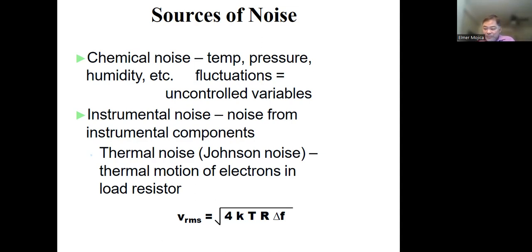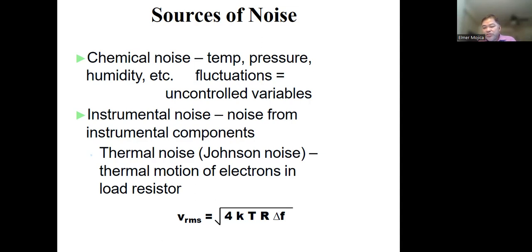So the first one that we have there is the thermal noise, or yung tinatawag na Johnson noise. This source of noise results in random voltage fluctuations produced by the thermal agitation of electrons as they pass through resistive elements in the electronics of an instrument.